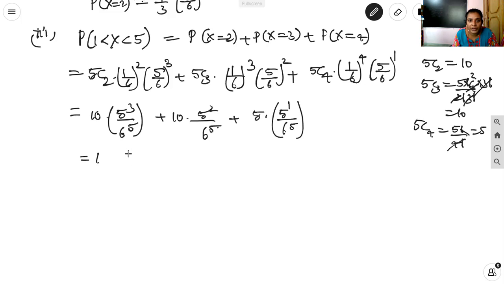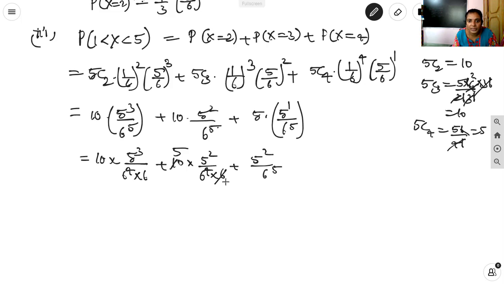It is equal to 10 into 5 cube by 6 power 4 into 6, plus 10 into 5 power 2 by 6 power 4 into 6, plus 5 square by 6 power 5.